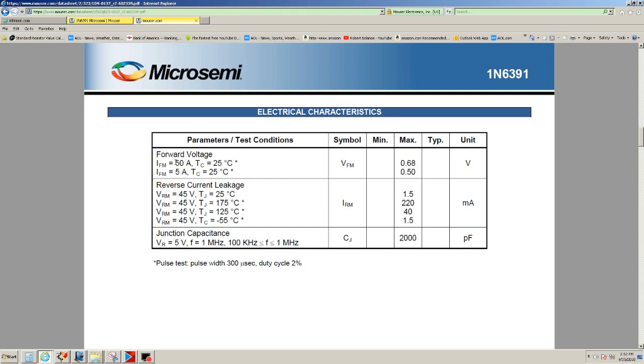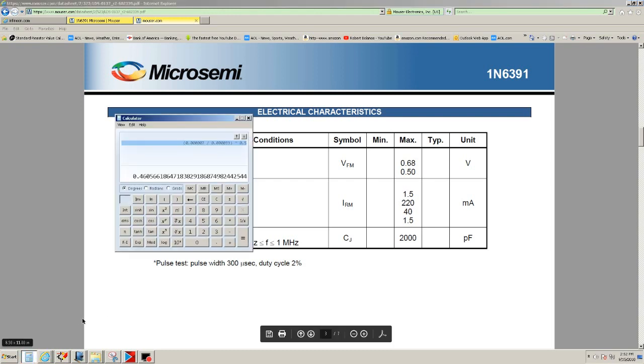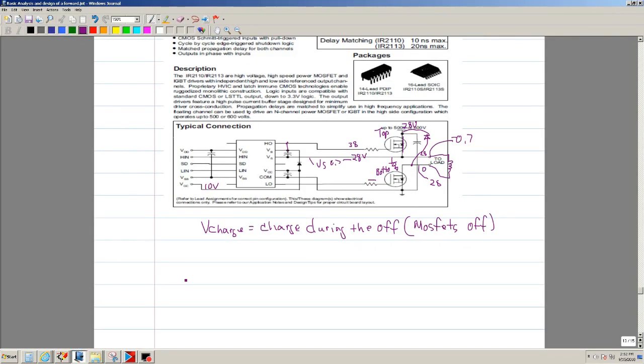And at 50 amps it is 0.68. So let's just say, since I'm using 10 amps, let's bump this to 0.55. So let's see how much power I would be wasting.